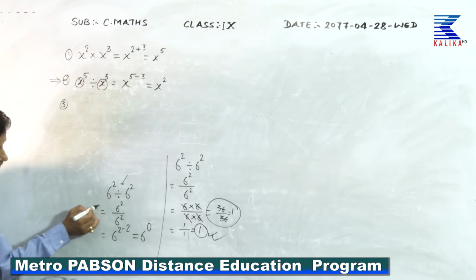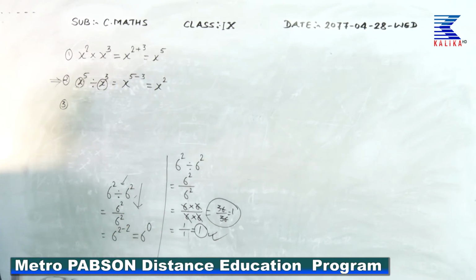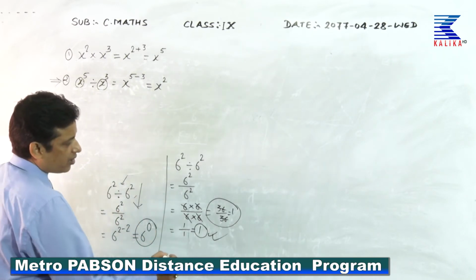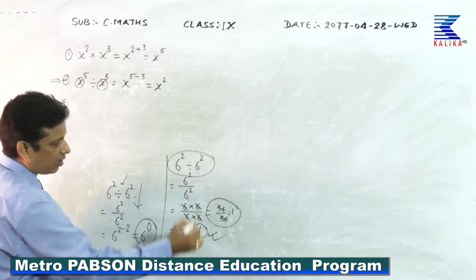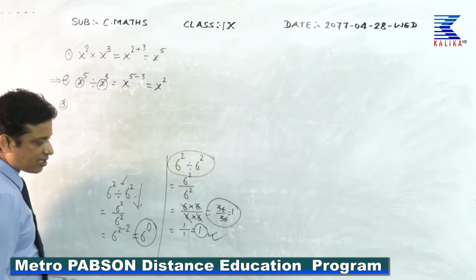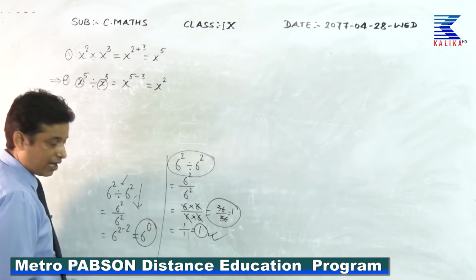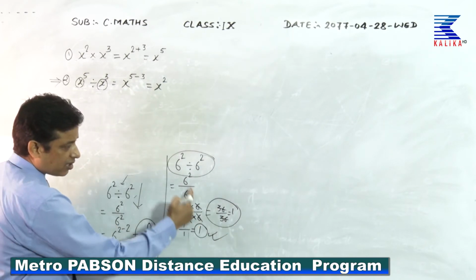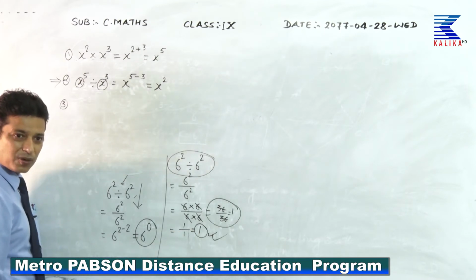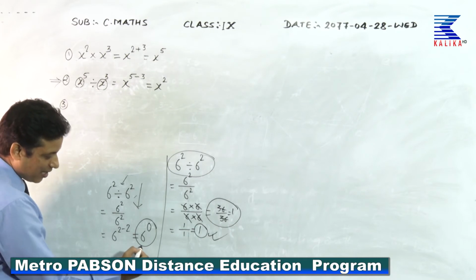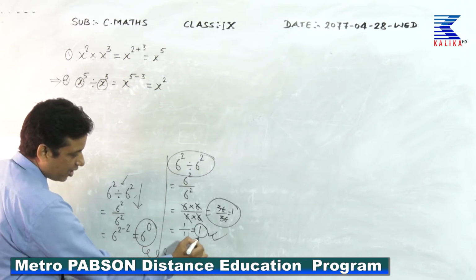So, when we follow the division law of indices, we get the result 6 to the power 0, and when we simplify the same question as per our basic concept of simplification, we get the result 1. From this side we got 6 to the power 0, from this side we got 1. So, what may be the conclusion? Did you get the conclusion now? It means 6 to the power 0 must equal 1.